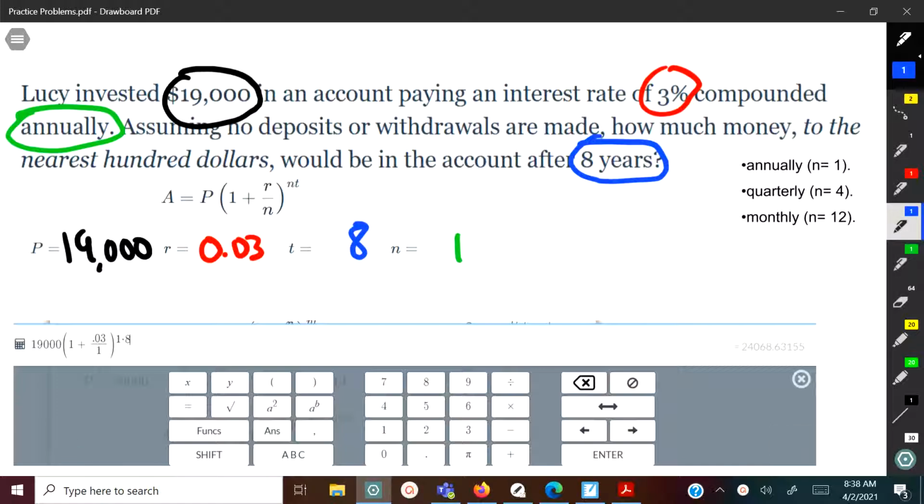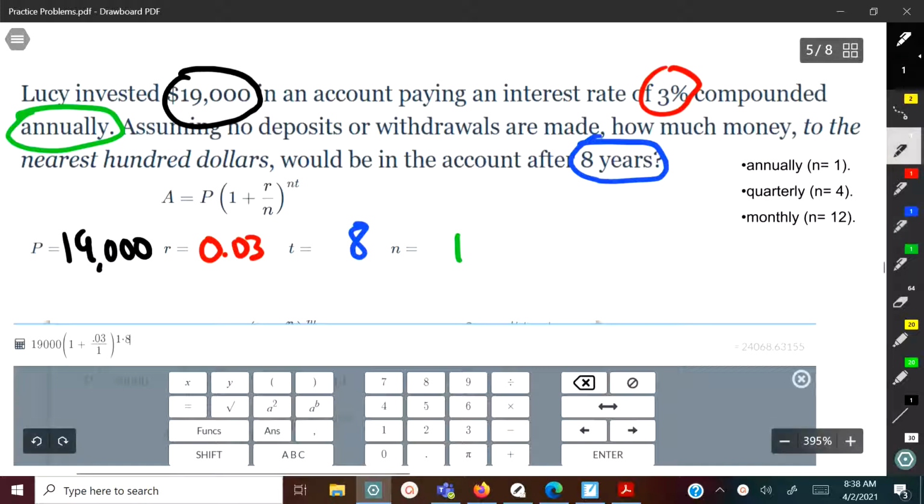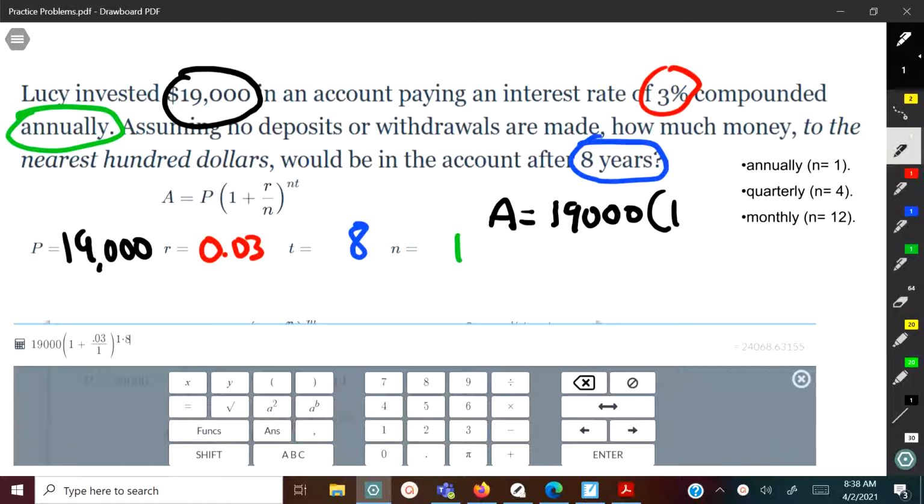Now all I got to do is take all of this and plug it into the formula. So I plug in A is equal to, and that's the answer. And go plug in 19,000 times 1, and I'm running out of space here. Matter of fact, let's do this.